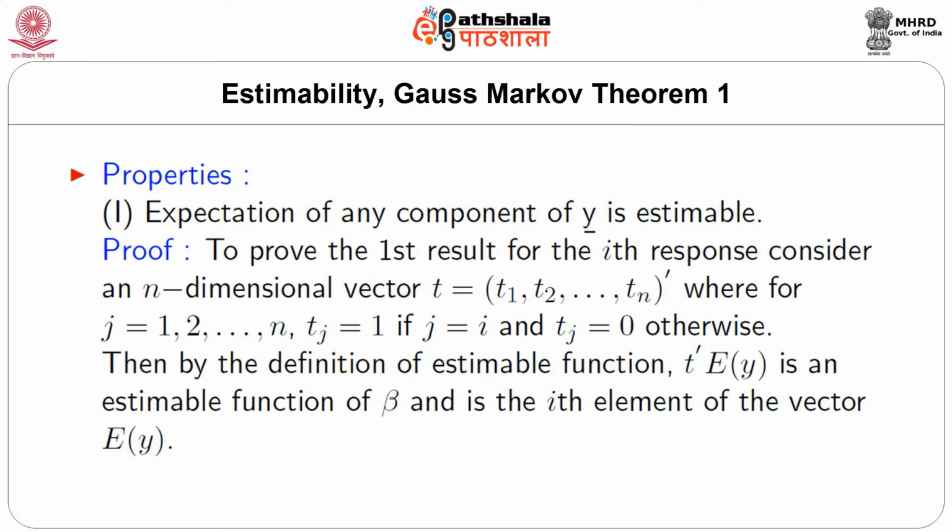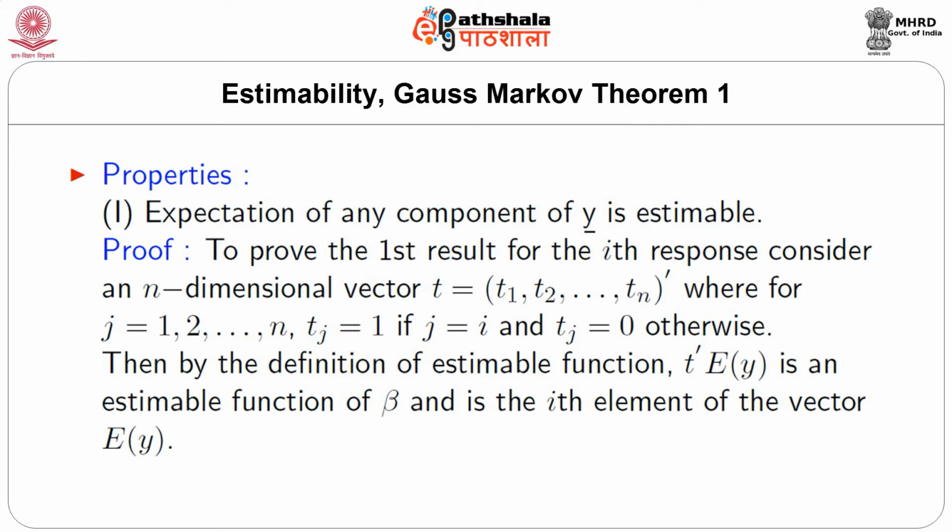In other words, you are using only yi. Then, by the definition of estimable function, t prime expected value of y is an estimable function of beta and is the ith element of the vector expected value of y.